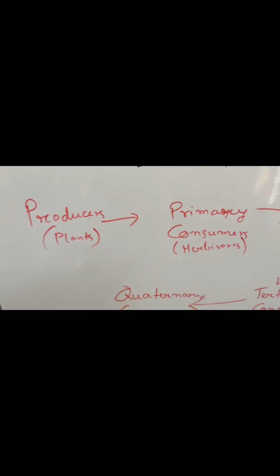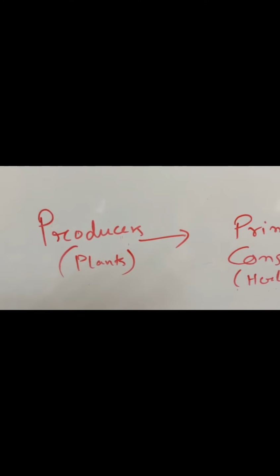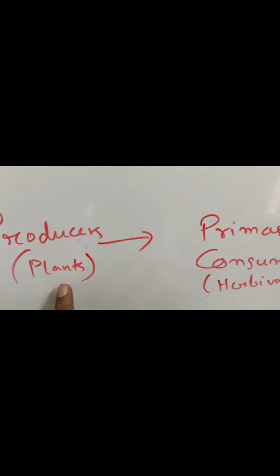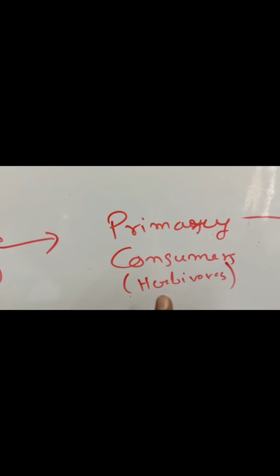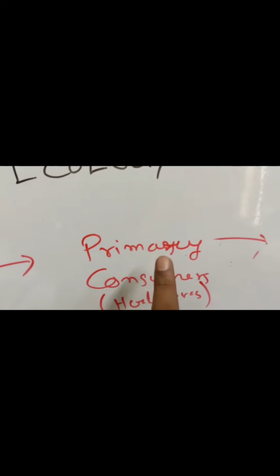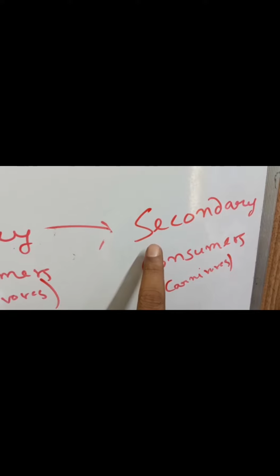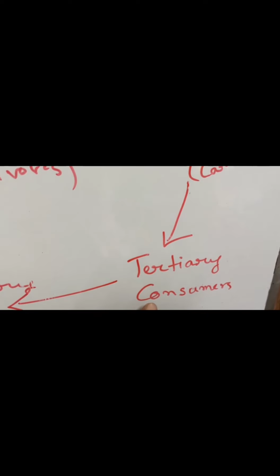So what have we learned so far? We have learned that the producers, means plants, are eaten by primary consumers, that is the herbivores. They eat the plants. Primary consumers are eaten by the secondary consumers. Secondary consumers are again eaten by the tertiary consumers.